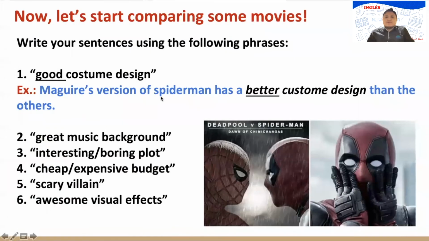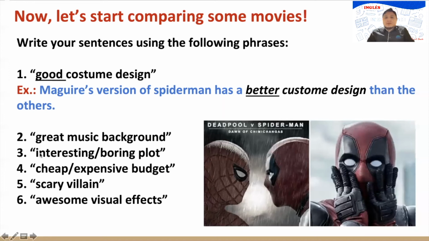Let me share with you some phrases that could be helpful for you to start your comparison. Here I show you 6 phrases you may use for starting your comparing sentences. For example, number 1, we have good costume design. So you could use this phrase to create a sentence which compares these movies about the same character. And we have 5 more.